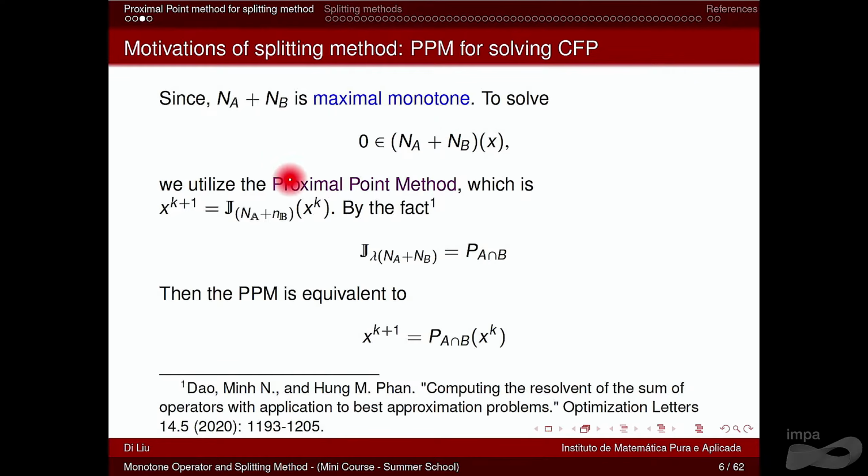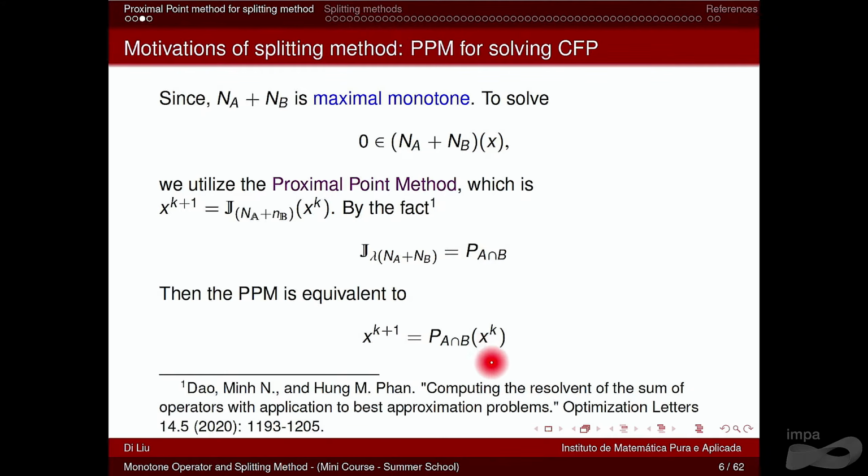So we utilize the PPM. Sorry, it's the capital N, the normal cone here. By the fact from this paper, we know that the resolvent of the sum of normal cone operators is exactly the projection onto A intersect B, which means the PPM works like this.